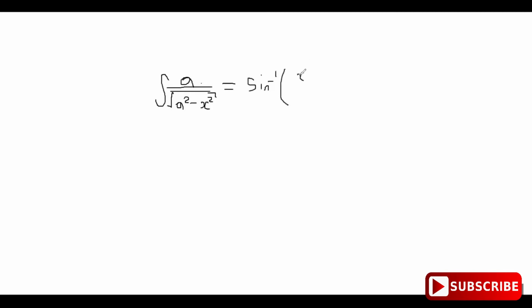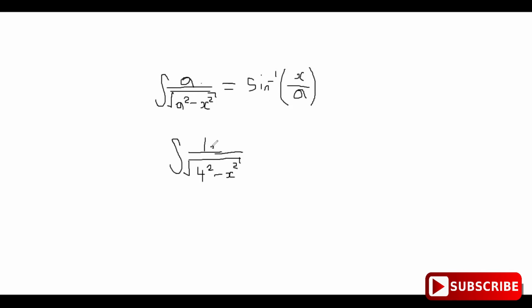So you don't need to factorize it. Now the question is asking for the integral of 1 over the square root of 16. 16 can be written as 4 squared minus x squared. That'll be 4 over the square root of 4 squared minus x squared.